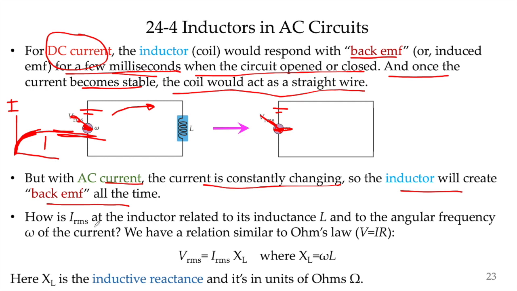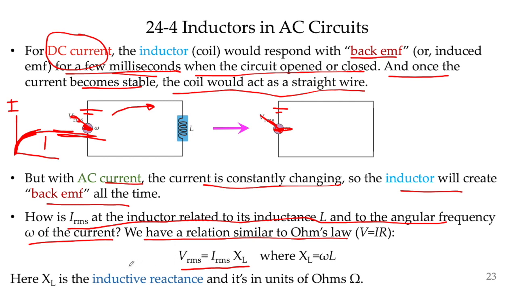Okay, so now let's relate the current. How is current at the inductor related to its inductance L and the angular frequency omega of the current? Now we have a relation similar to Ohm's law again. It's V equals I times XL. Remember we had this for the capacitor, capacitive reactance.